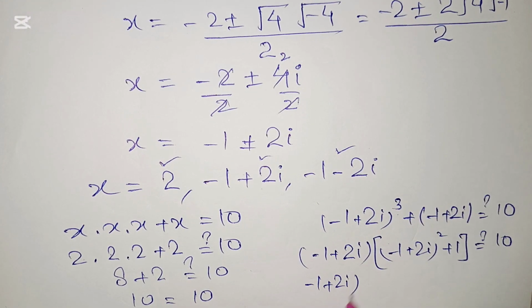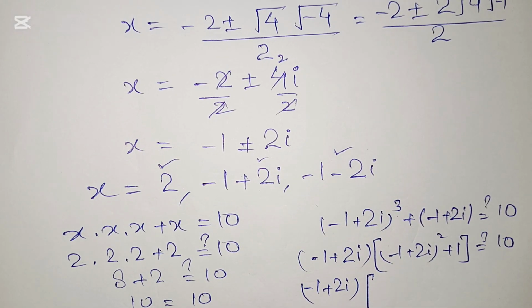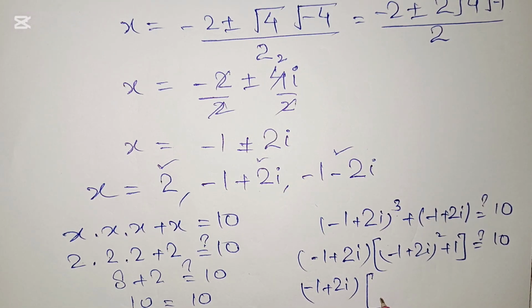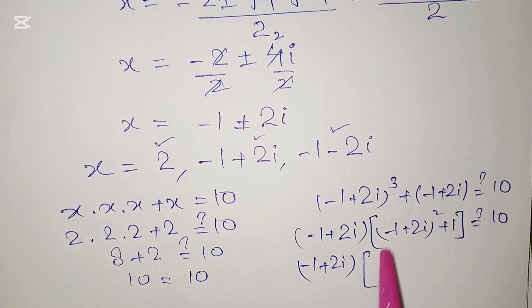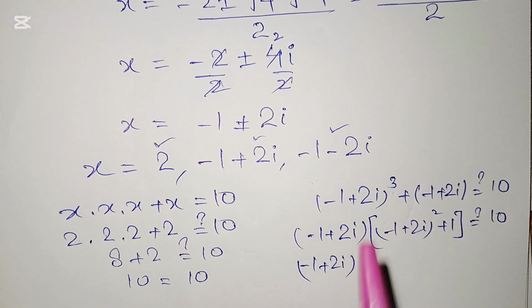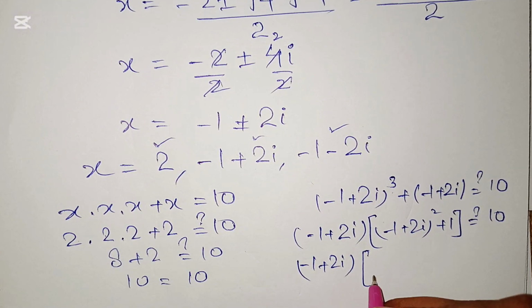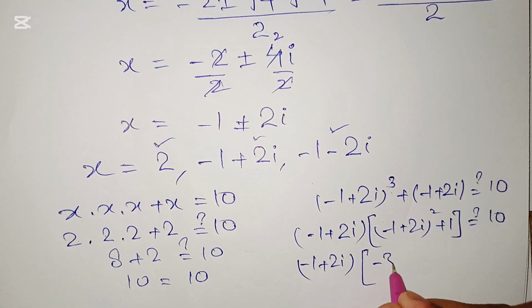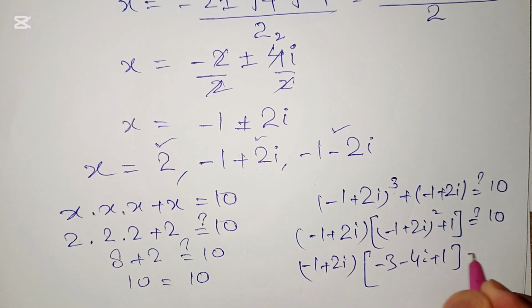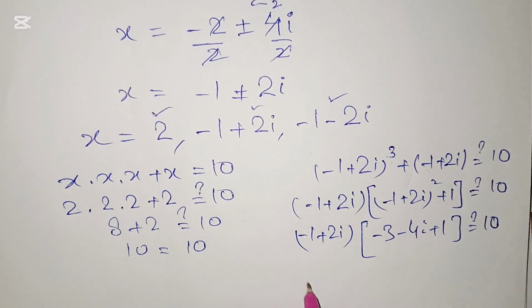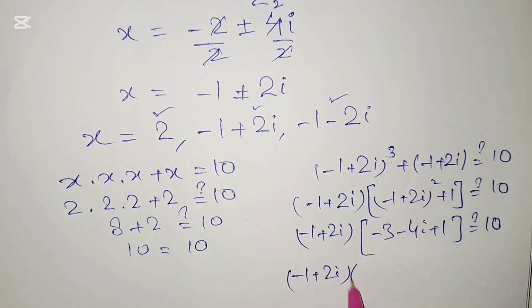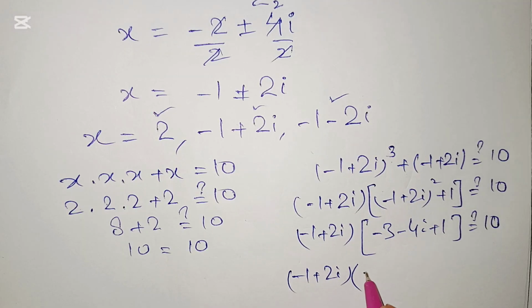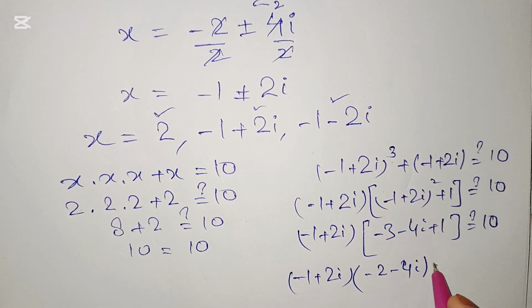If we take the square of -1 plus 2 iota, using the formula a plus b whole square, we get -3 minus 4 iota, plus 1 equals 10. So -1 plus 2 iota times -2 minus 4 iota equals 10.